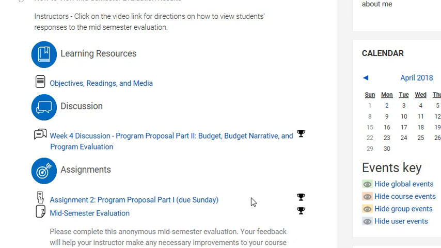So again, take a look at chapter 13, because we did go over the kinds of budgeting and getting donations, how you're going to fund your program. It could be donations, it could be grants, or it could be fundraising events.